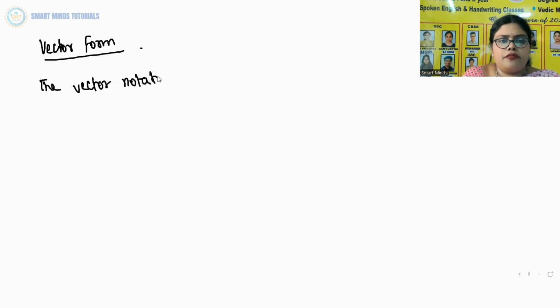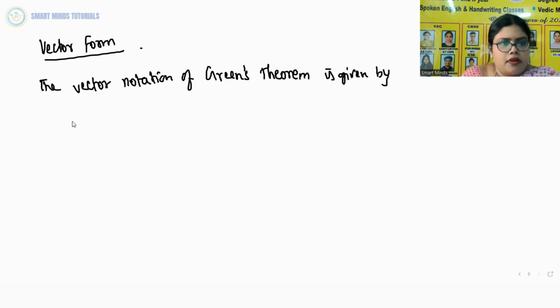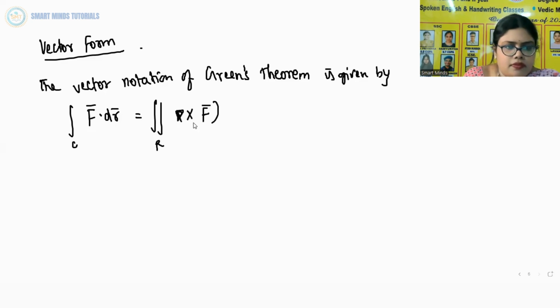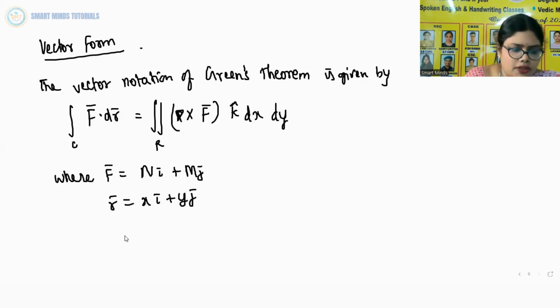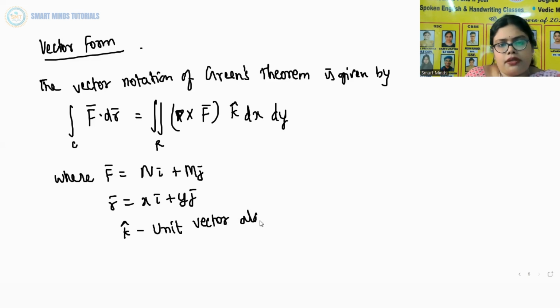The vector notation of Green's theorem is given by the curve integral of F bar dot dr bar is equal to the region integral of (del cross F) dot k cap dx dy, where F bar is equal to N i bar plus M j bar, r bar is equal to x i bar plus y j bar, and k cap is the unit vector along the z direction.